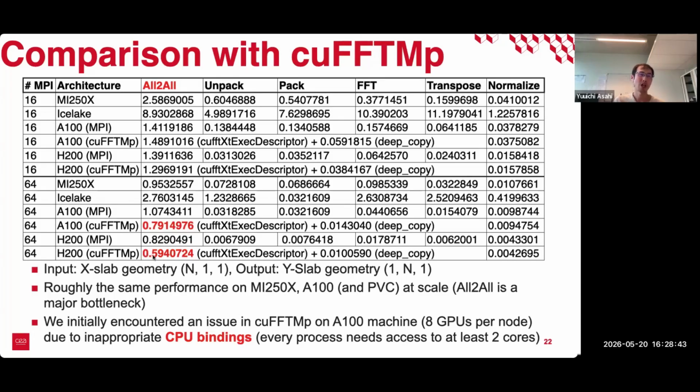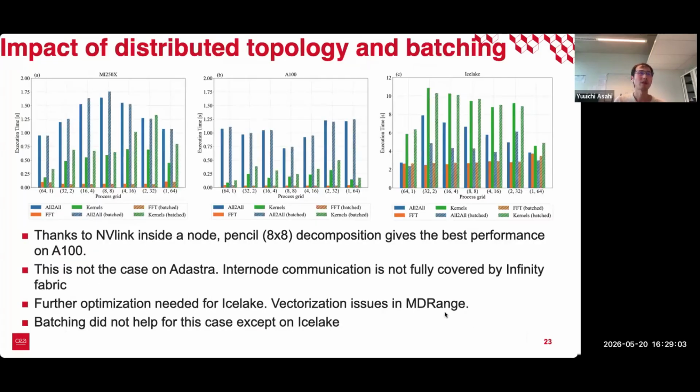Overall, it outperforms our implementation, but not by much. So it demonstrates that our implementation is reasonable and the performance is very competitive, and it works on NVIDIA, AMD and Intel GPUs and also on CPUs.